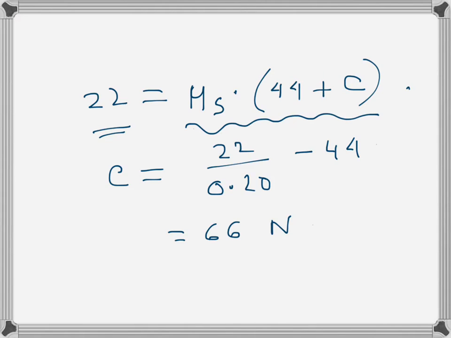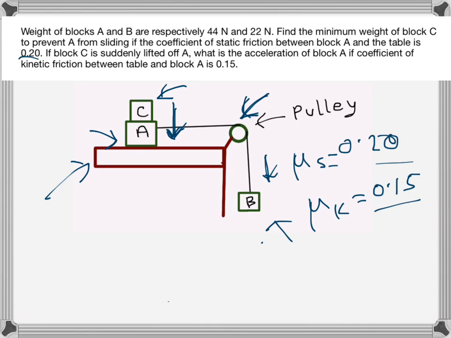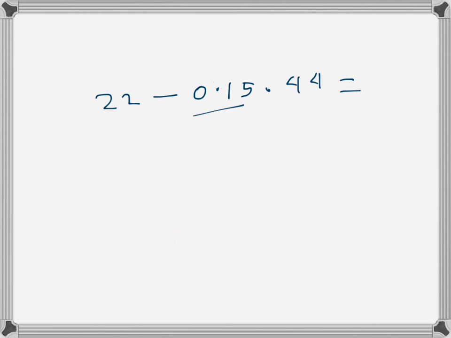So whatever the force acting downwards here, minus the force that is trying to prevent that downwards acceleration, that subtraction will be equal to the total mass of B plus the mass of A times acceleration.